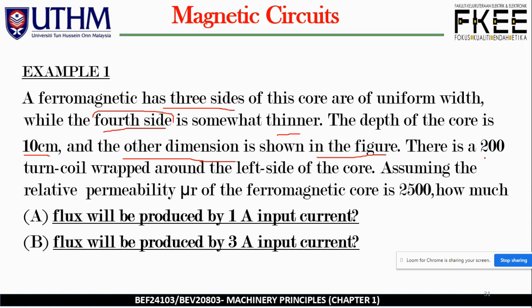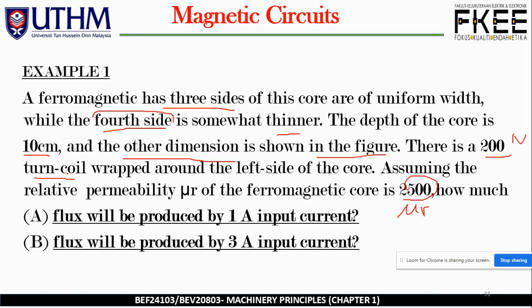There is a 200 turn coil wrapped around the left side of the core, so this is n number of turns. Assume the relative permeability mu R of the ferromagnetic core is 2500.